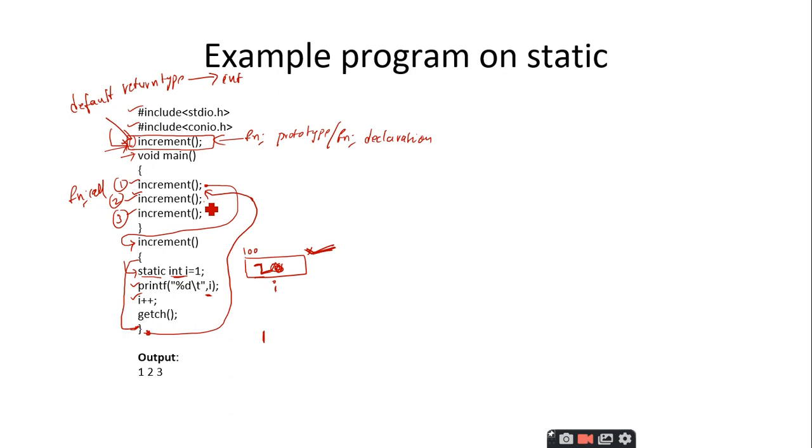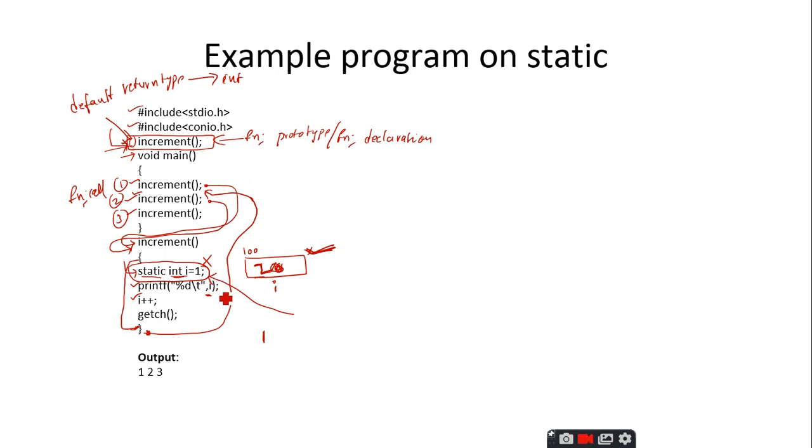So again the control will jump from this point to the function definition. Okay. Now see here, another important point you should observe. When you go into the increment function for the second time, the first statement, that is static int I is equal to 1, will not be executed. Very, very important.